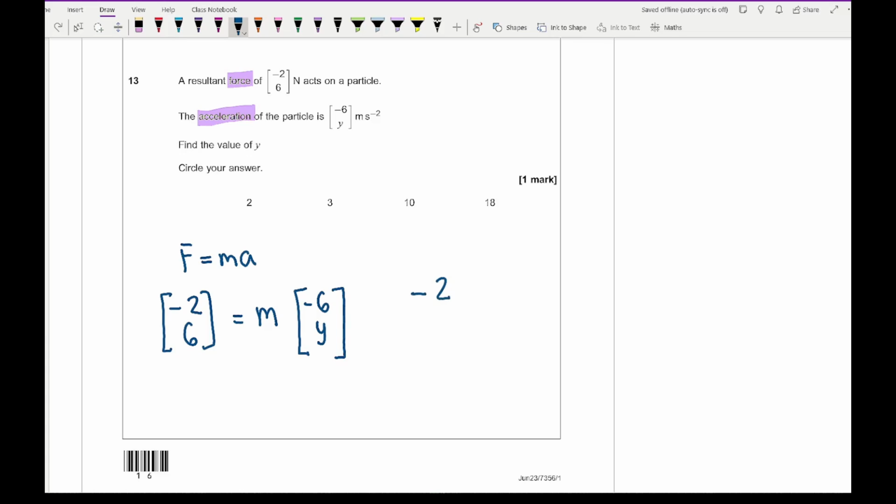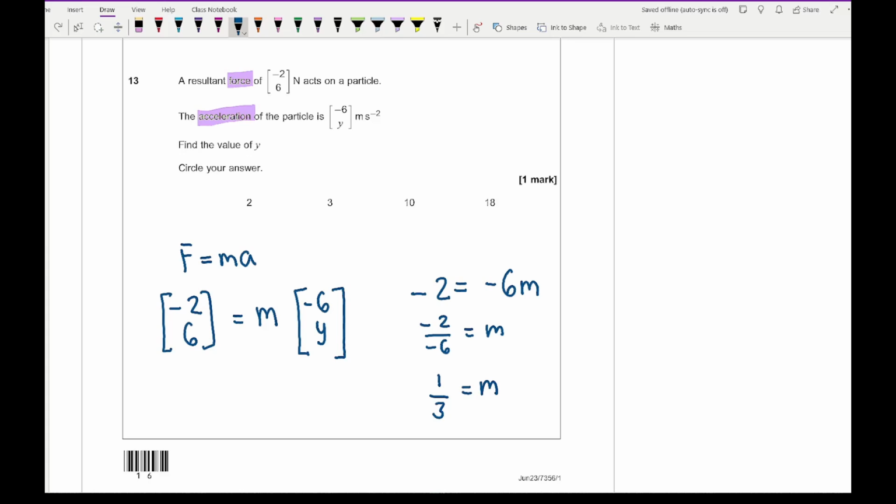So -2 is equal to m times -6. Solving for m, -2 divided by -6 gives us a value of 1/3. Positive, since both negatives cancel each other out.